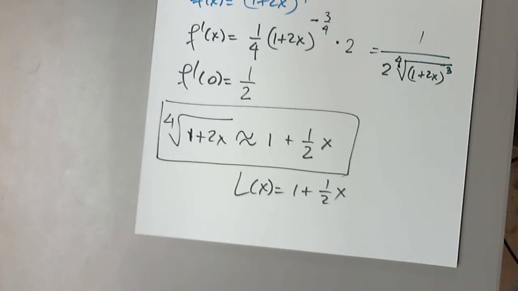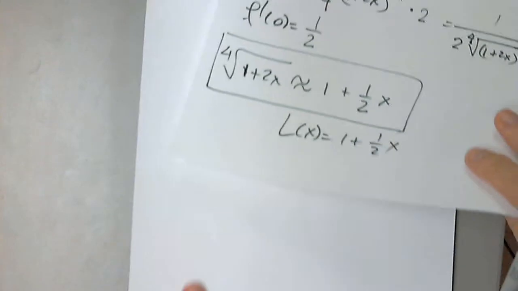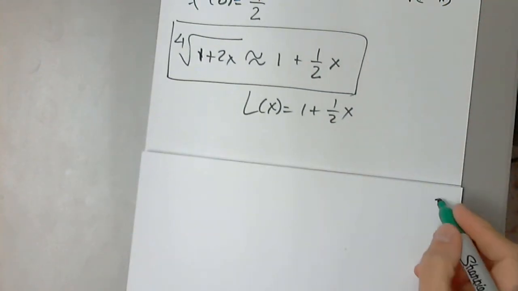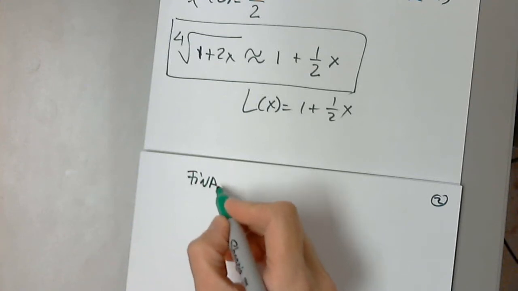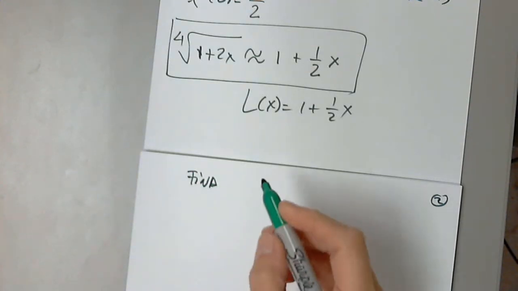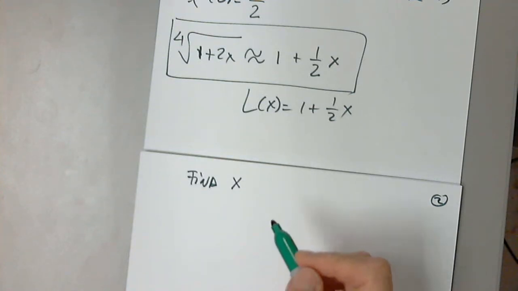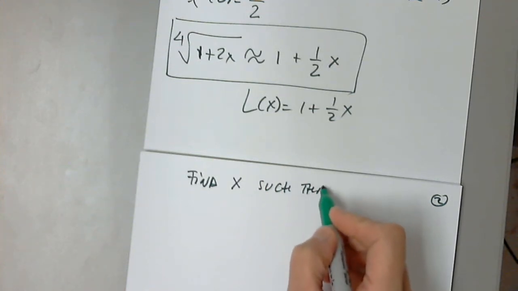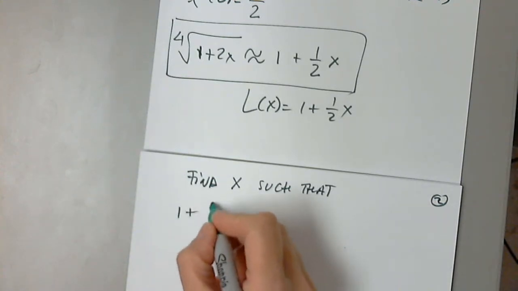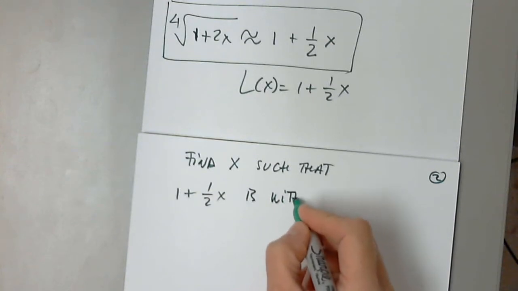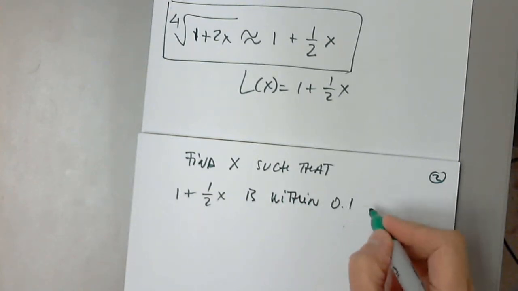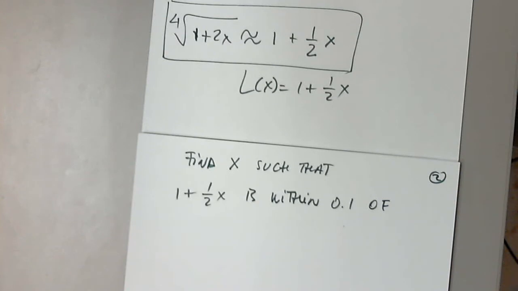So we want to find, correct me if I'm wrong when I write this, Noah: find x such that 1 plus 1/2 x, this approximation, is within 0.1 of the actual value.